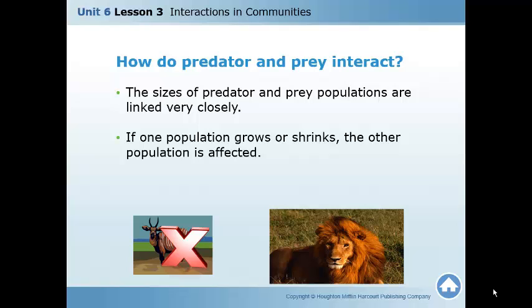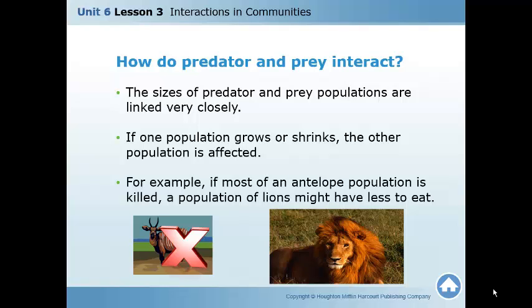If there are not very many gazelles, the lions are either going to have to move or die because there's not enough food for them to survive. So if one grows, the other will grow. If one shrinks, the other will shrink. This one is explaining the very same thing. A population of lions have less or more to eat based on the population of antelope or gazelles.